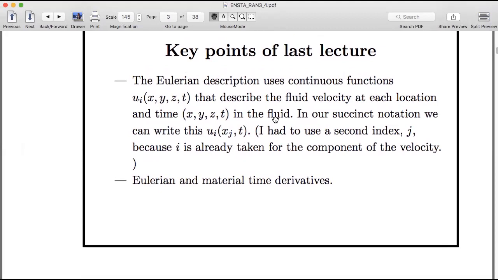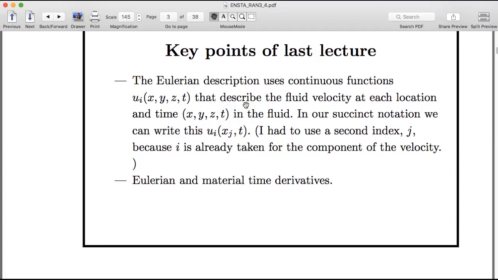The Eulerian description. Remember, we had two descriptions of fluid motion: the Eulerian and the Lagrangian.